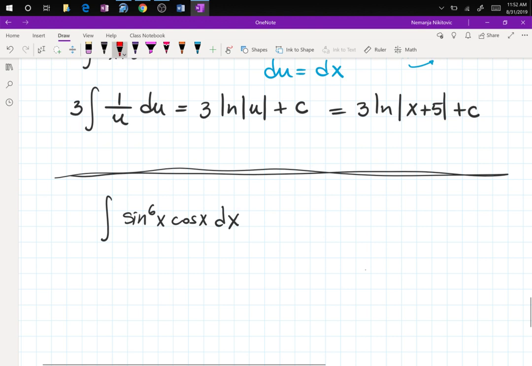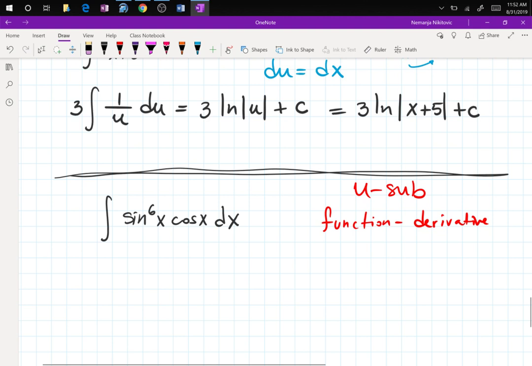U sub works by figuring out function derivative pair. Function derivative pair. Anytime you are dealing with a U substitution, you ask yourself, do I have a function with its derivative present?